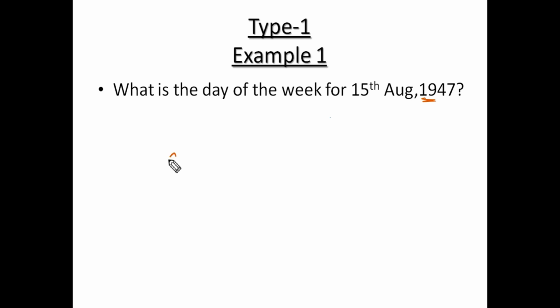19th century, 0. Don't write the formula and substitute the values. It's a waste of time. Directly take the values. 19th century 0. How many years? 47 years. How many leap years are there in 47 years? 11. What is the code for August? 3.